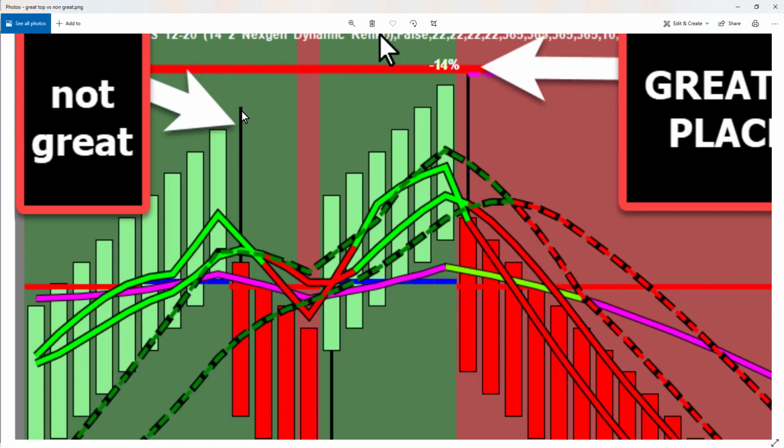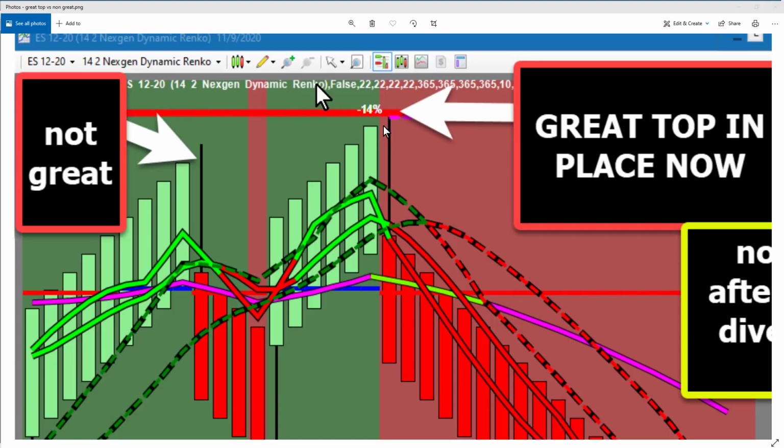And the meaning of not great is quite simple. Right? We didn't hit the fibs, we don't have divergence, we didn't have a pivot stop out, and even though the triggers rolled down a little bit and you're going to see a trade in here, it's not really that great. And then you're going to have what we call a great top.